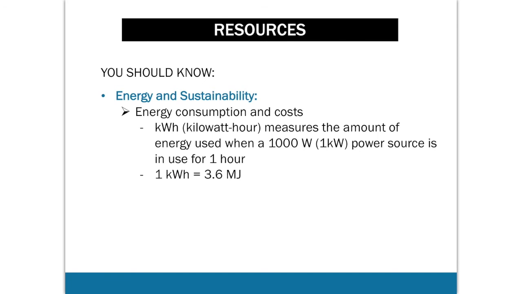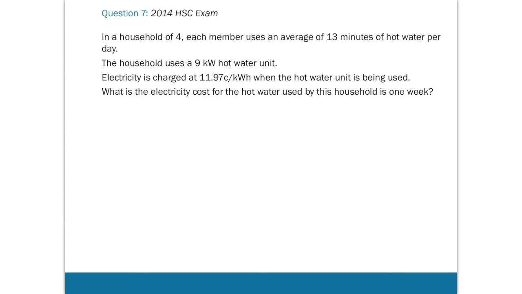Okay, so a kilowatt hour measures the amount of energy used when a 1,000 watt or 1 kilowatt power source is used for 1 hour. So in a household of 4, each member uses an average of 13 minutes of hot water per day.